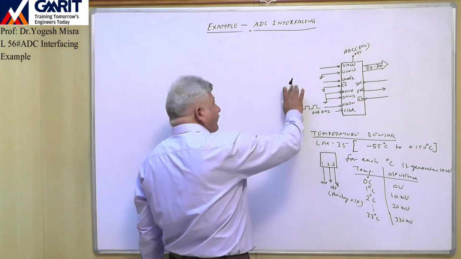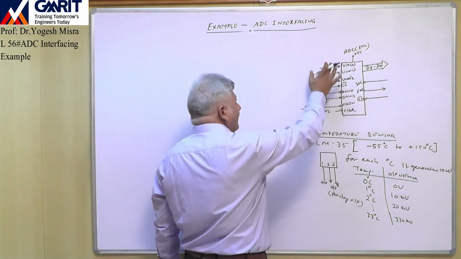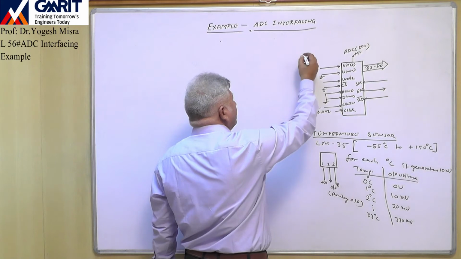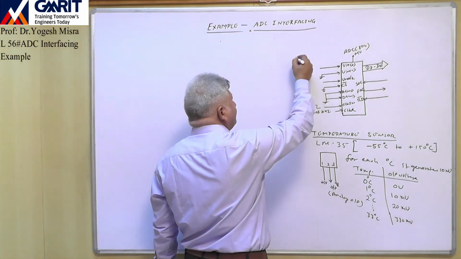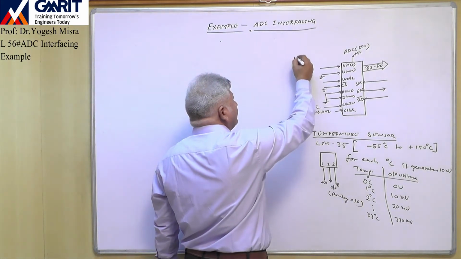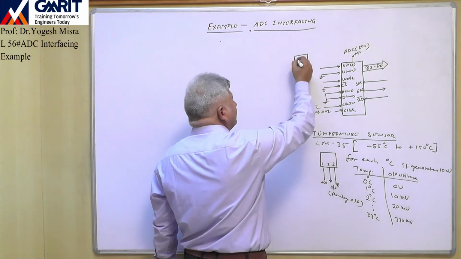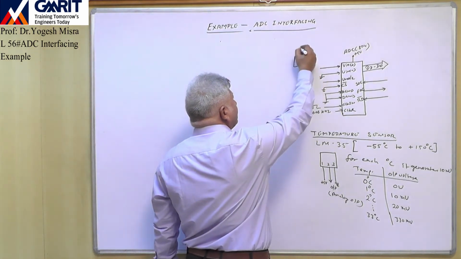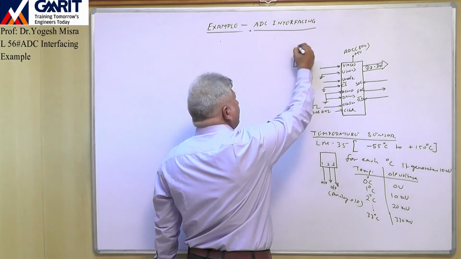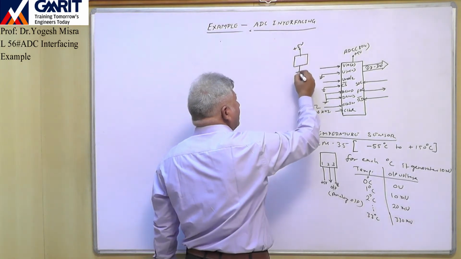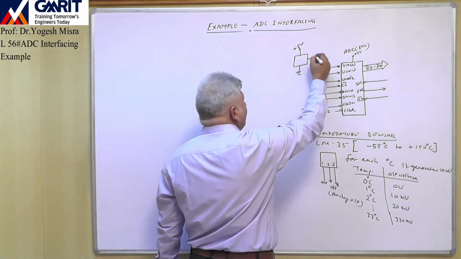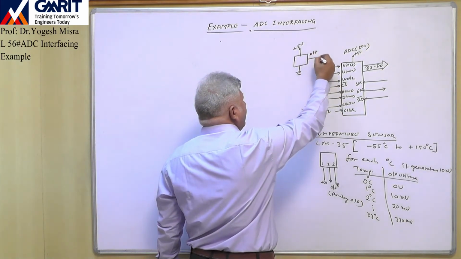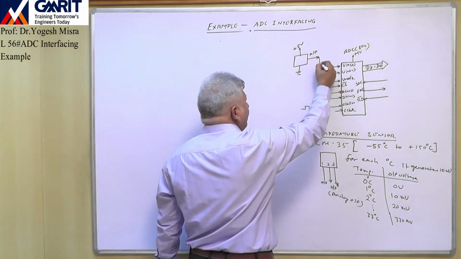So what we will do, we will connect that LM35 here, in this way. This is plus 5 volt, this is ground, and this is our output pin, right? This output pin we have connected to V in.